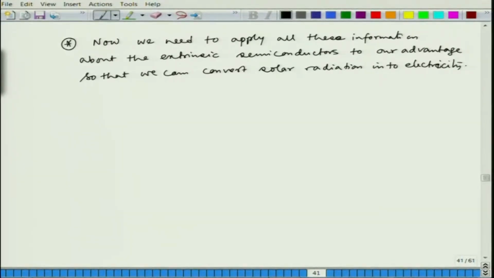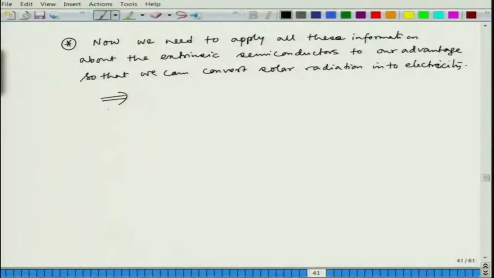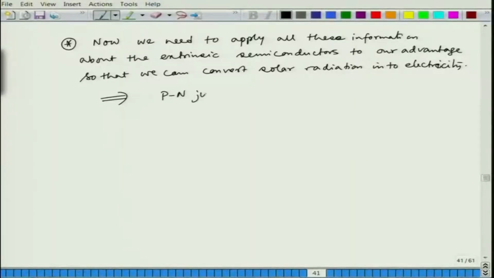You radiate solar radiation and you get electricity as the output. Okay. So, what we need to have is not a pure or extrinsic semiconductor, but a combination of them. So, we call them a p-n junction diode, which is the key to getting the photovoltaic effect.